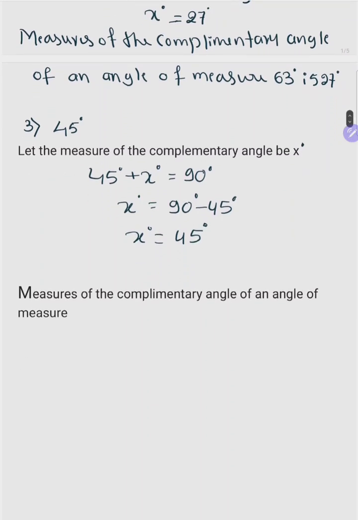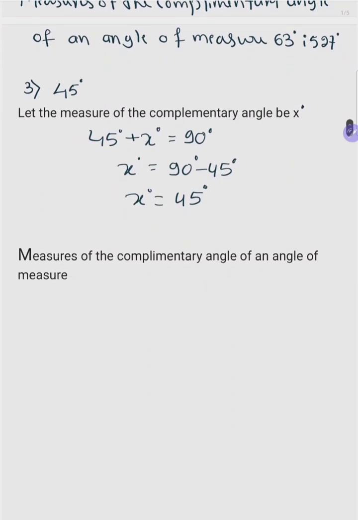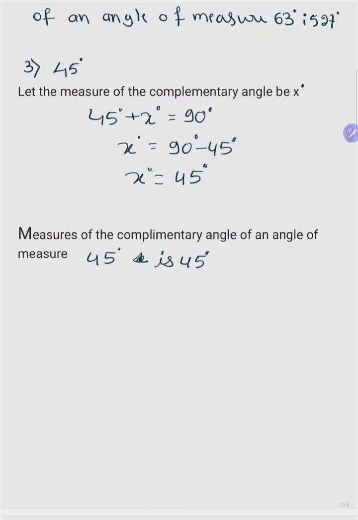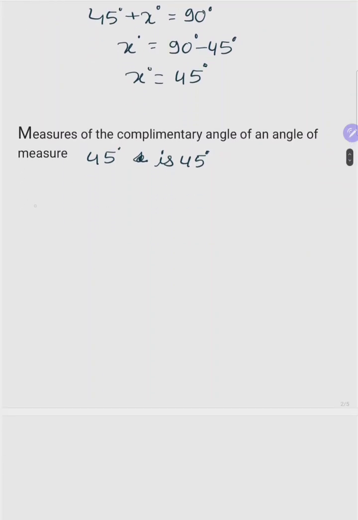90 degree. So the measure of the complementary angle of an angle of measure 45 degree is 45 degree. Both are complementary angles. And the fourth one is 55 degree.